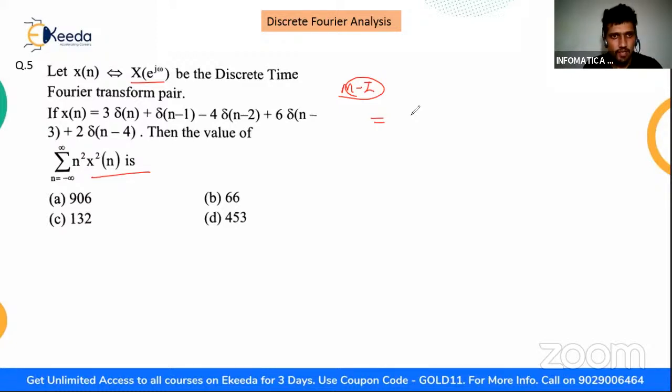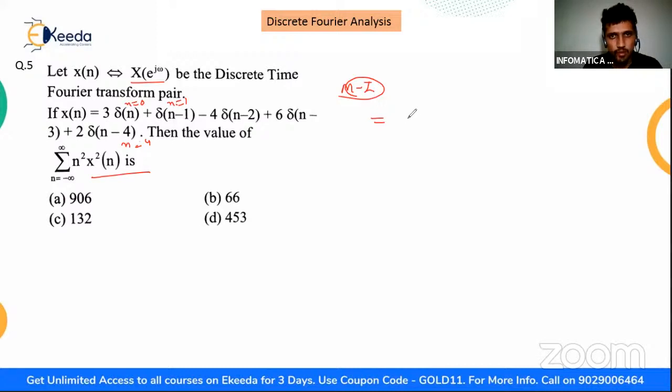Since it is starting from n equals 0, then n equals 1, 2, 3, 4, till n equals 4, we have to sum out. Since the signal is very small and of finite duration, we can do it simply by mathematical calculation. If the signal has infinite duration, in that case we will go by the second method, which is the integration property.